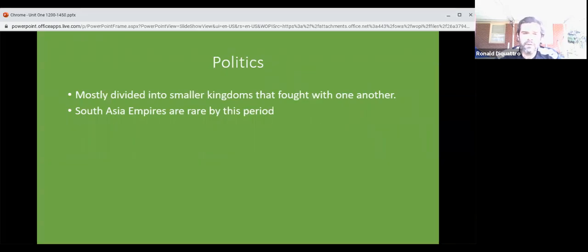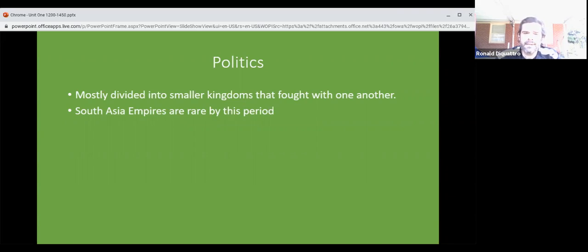India is organized into smaller regional kingdoms, and the group of people who Indians most oftentimes fight with will be other Indians because of this. South Asian empires are very rare for this period, which doesn't mean there's not some temporary flash in the pan things, but we aren't going to spend much time on that.